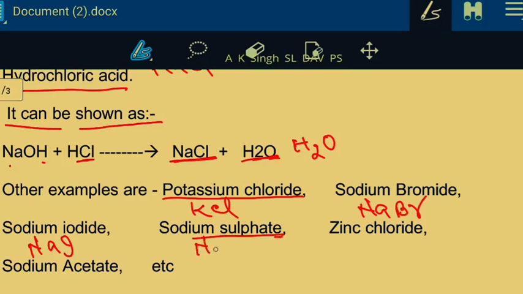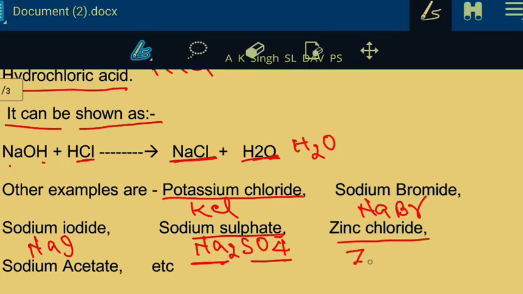You have read the formula Na2SO4. It is made up of sodium hydroxide and sulfuric acid, H2SO4, meaning the OH of sodium hydroxide and the hydrogen of sulfuric acid combine and form water. So one product is salt, the other product is water.